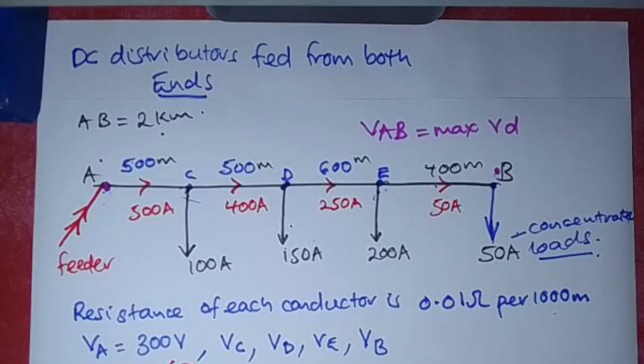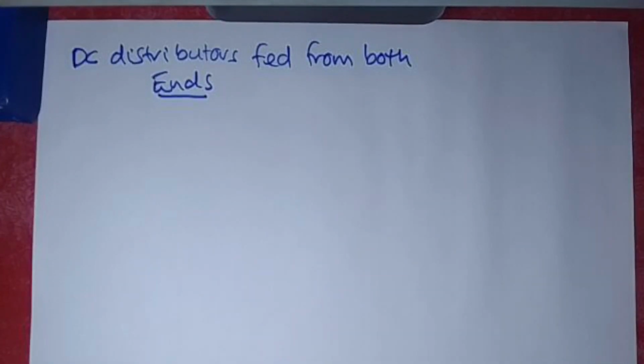Okay, so let's move on to DC distributors fed from both ends. What I was trying to explain is that we can have a distributor that is being fed at more than one end. For example, a typical example that I can give is this that I'm going to draw here.